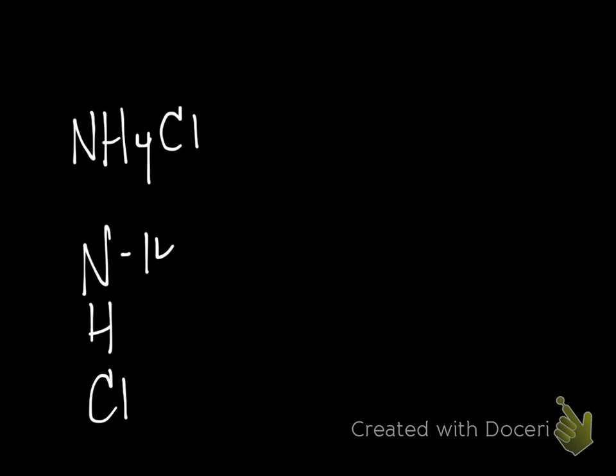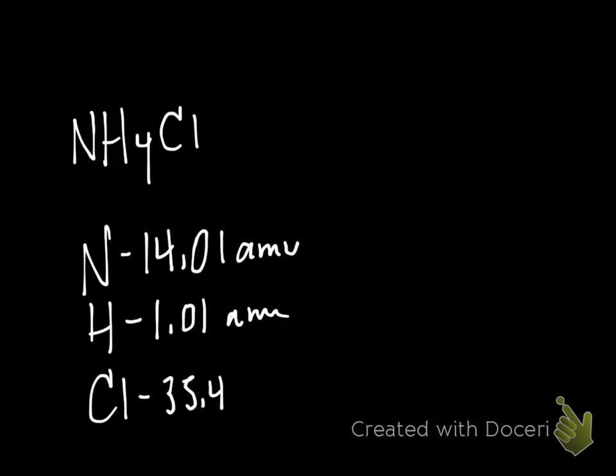So nitrogen is 14.01 AMUs. Hydrogen is 1.01 AMUs. And chlorine is, somebody find chlorine. 35.45.